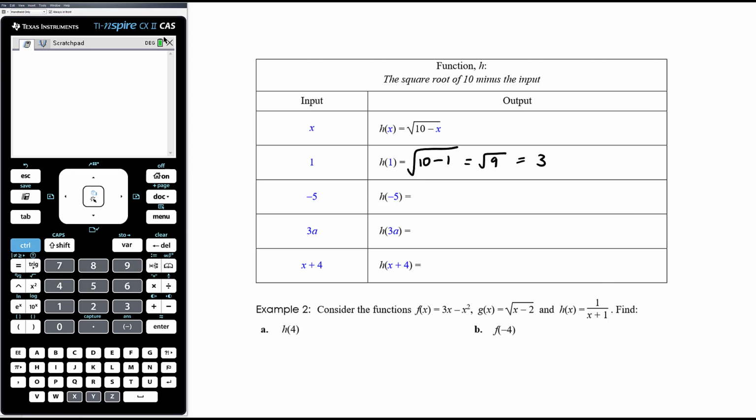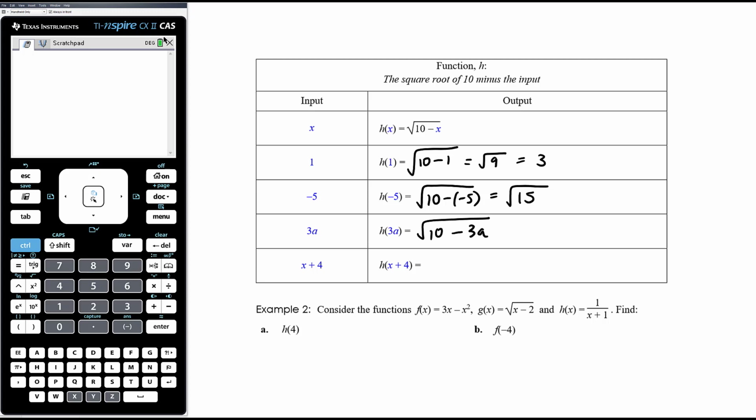Alright, if the input is negative 5, h of negative 5 is the square root of 10 minus negative 5, which is the square root of 10 plus 5, which is the square root of 15. That's in simplest form. If the input is 3a, then h of 3a is substituting 3a into the rule, which says we take the square root of 10 minus the input, so the square root of 10 minus 3a.